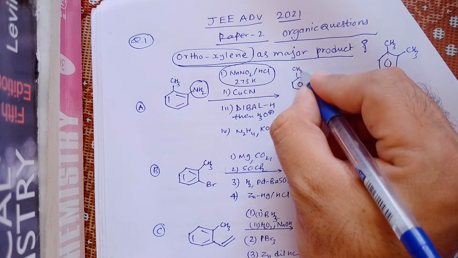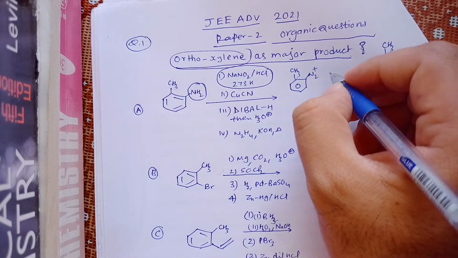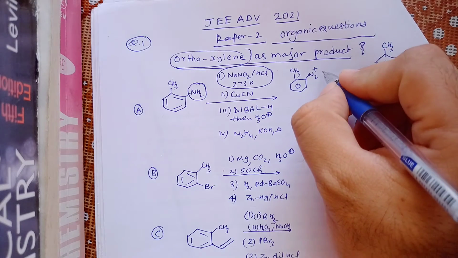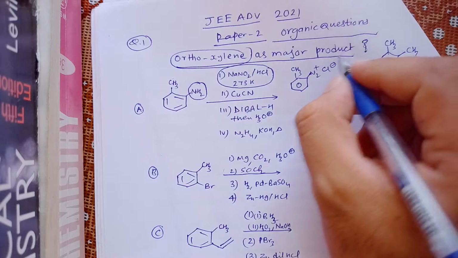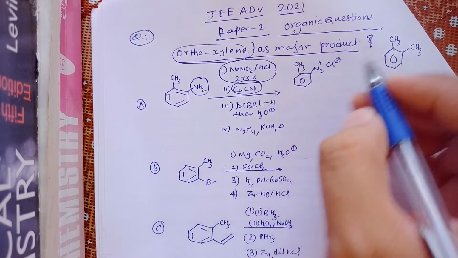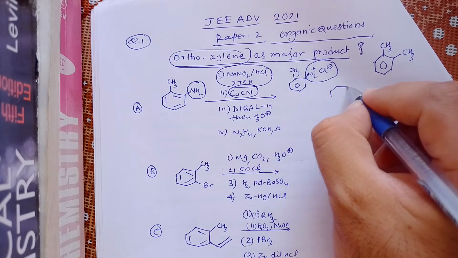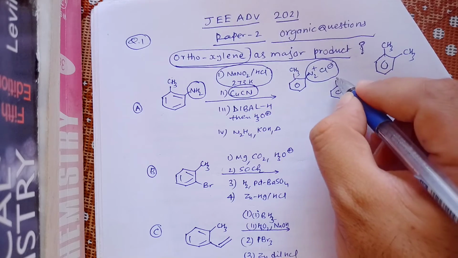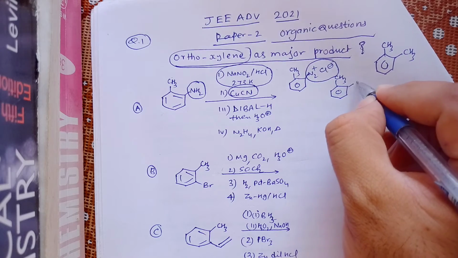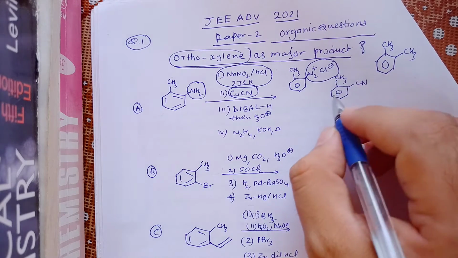You will get CH3 and then here N2 plus, that is the diazonium cation, or you can say diazonium salt because Cl minus is there. Then CuCN, that is the Sandmeyer reaction, you will get CN here, so you will get CH3 CN. After the second step, CH3 will remain as such.